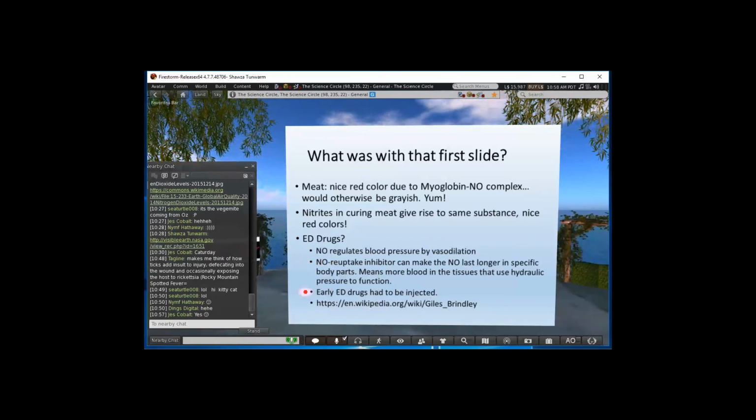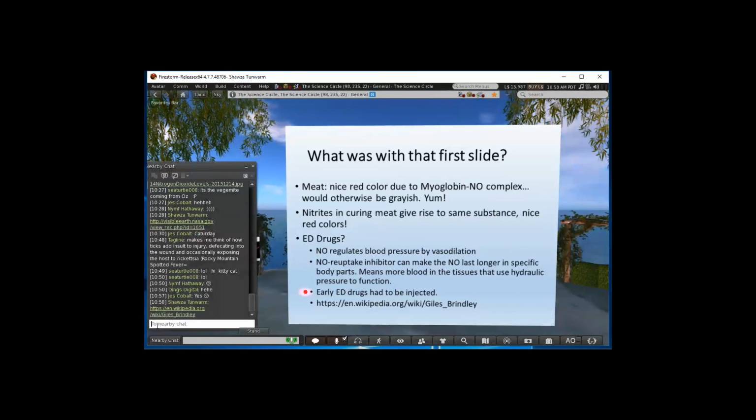It means the NO lasts a little longer, does a little more signaling, a little more blood flow happens. Yes, indeed, early ED drugs had to be injected. And let me get you that particular reference. It's worth a quick look. So in fact, Dr. Brindley injected it at a conference and then offered to do a live demonstration.